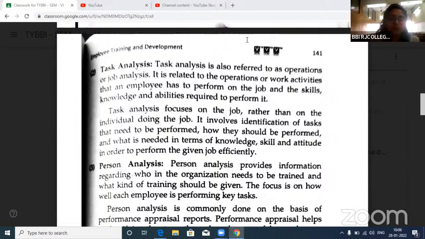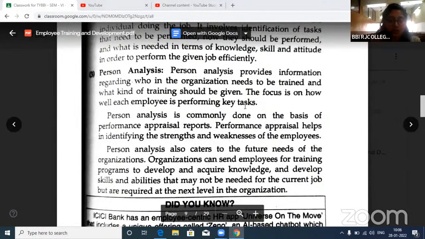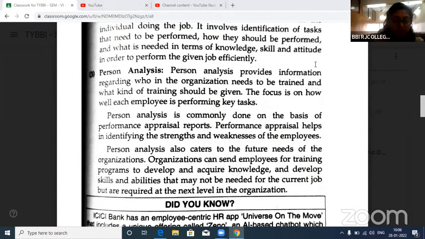Next is person analysis. Suppose some people have certain types of skills. For example, somebody has leadership skills, somebody has very good computer knowledge, somebody has very good technical skills, and somebody has good communication skills.